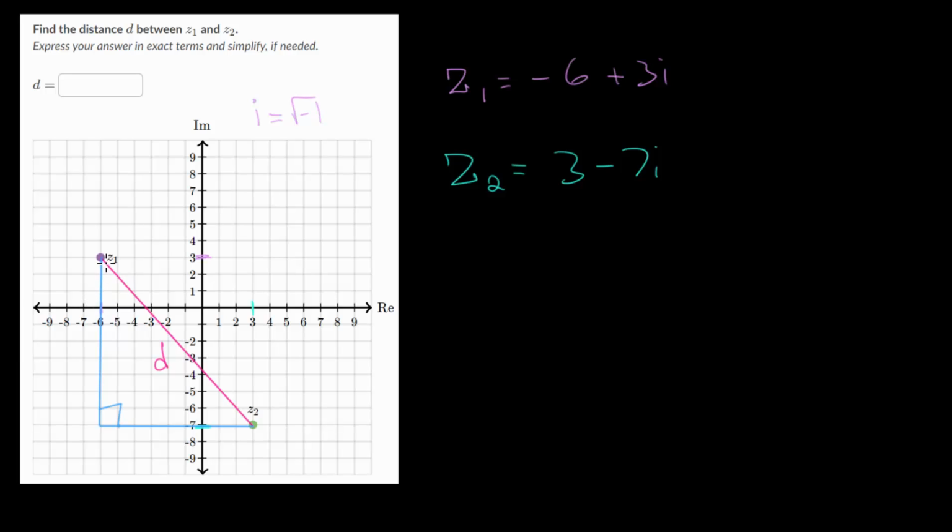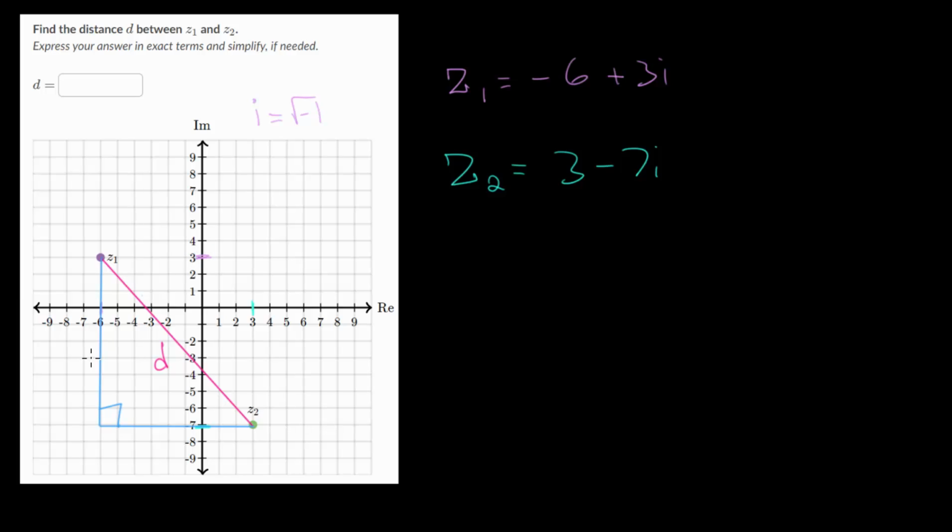So to figure out the vertical part here, notice that the top is at 3i and the bottom is at -7i. So we can find the difference, or we can just count how many dash marks there are. But in general, we can just find the difference.